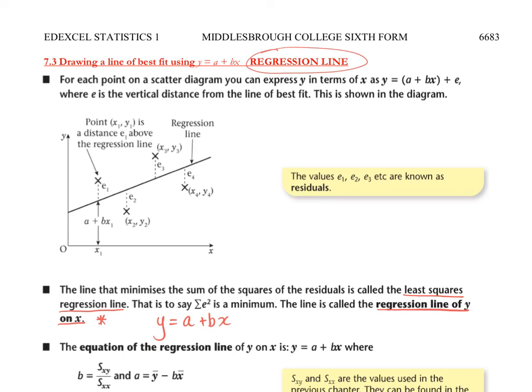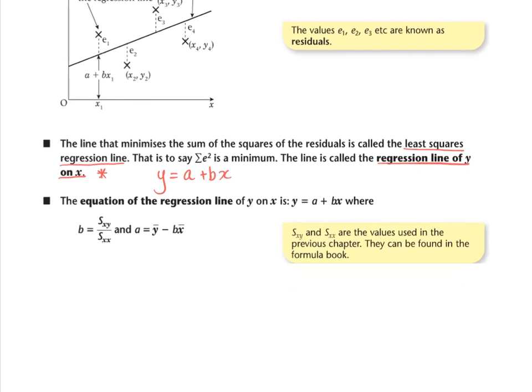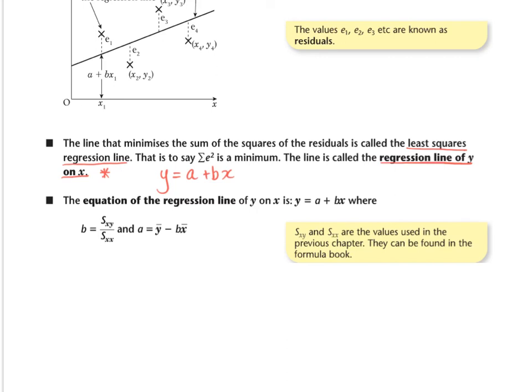So it's important the way that you actually describe it. We've then got an equation, and as you can see we need to calculate covariances. And we also need the mean of y and the mean of x.